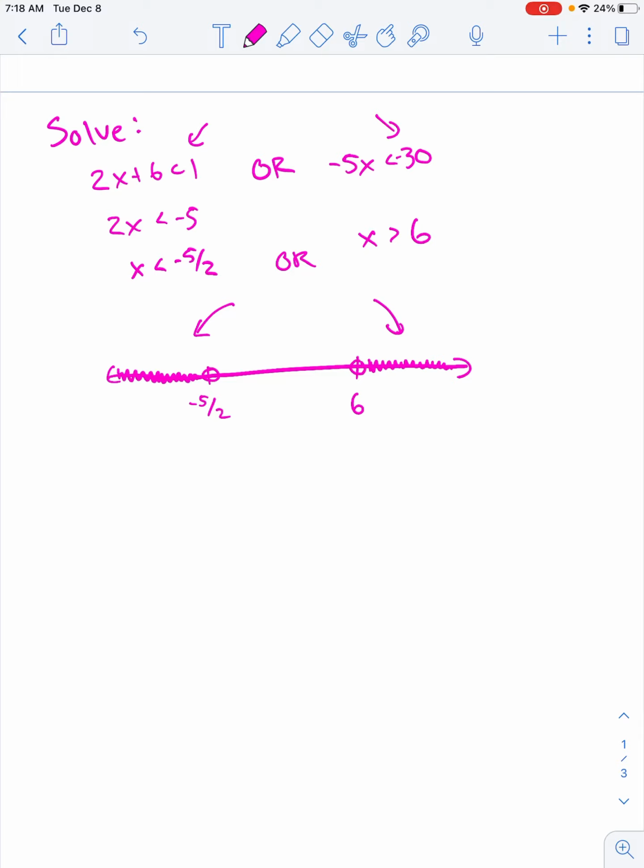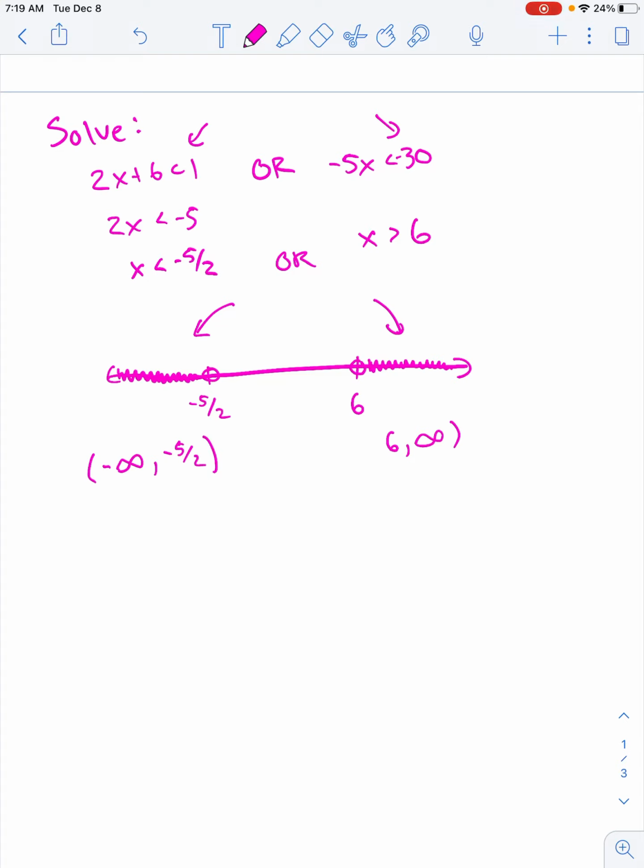Now, to write this in interval notation, I'm going to have 2 intervals because we're working with 2 intervals now. So over here, it could be negative infinity to negative 5/2, and over here it could be 6 to infinity. So around my infinities, I'm going to put parentheses. And then because negative 5/2 is not included in my solution, parentheses.